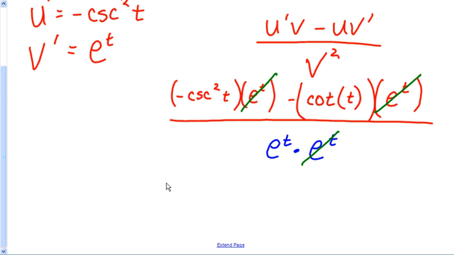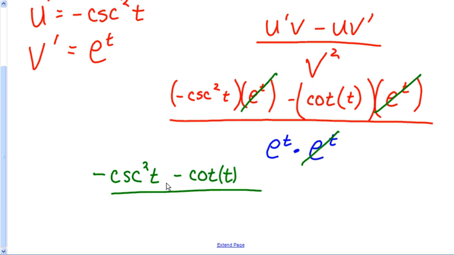Oh, snap. So we've got negative cosecant square t minus cotangent of t. I do little parentheses there because of the t on the end of cotangent, over e to the t.